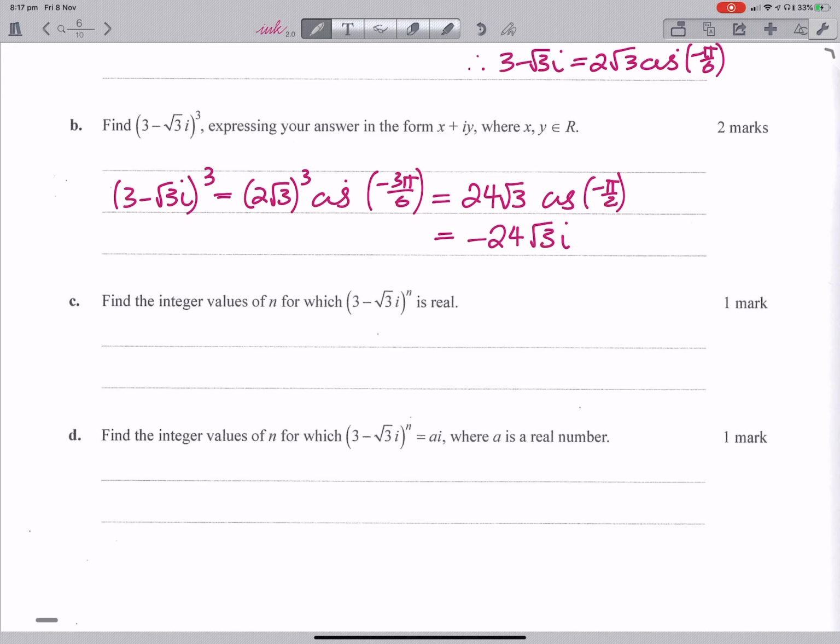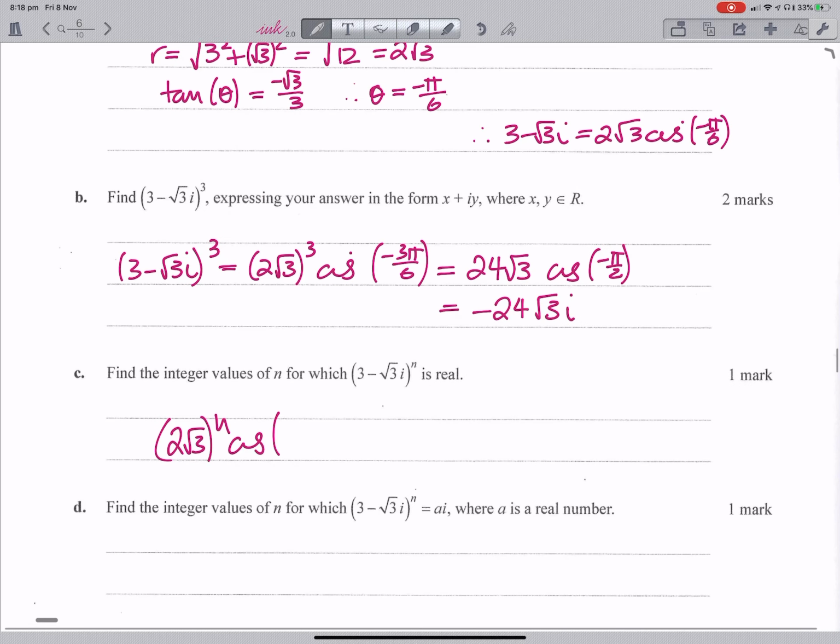So we know our angle, it would be 2 root 3 to the n cis negative n pi on 6. Therefore, our imaginary part has to equal 0. So sine has to equal 0. So that'd be 0, pi, plus or minus 2 pi, plus or minus.